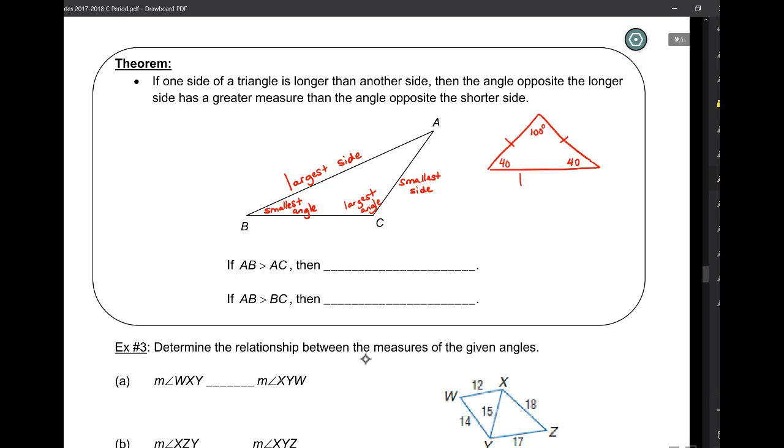So this is the largest side, and the two legs would be equivalent smallest sides. We don't know what their measures are, but we could still identify them, versus maybe a skinnier isosceles triangle, where the two legs would be longer and the opposite side would be the shorter one.